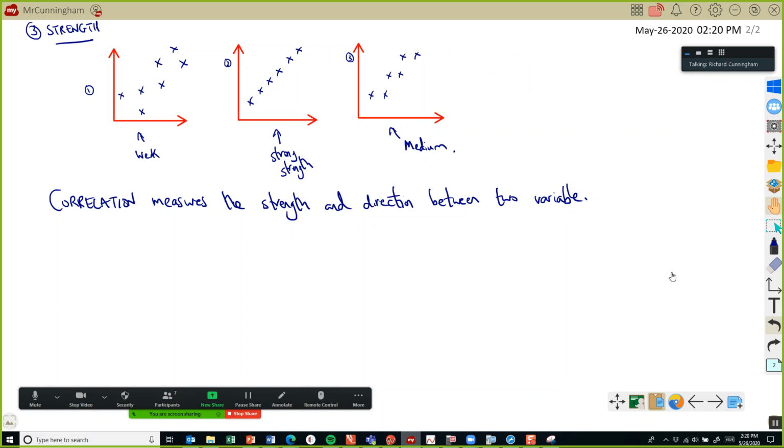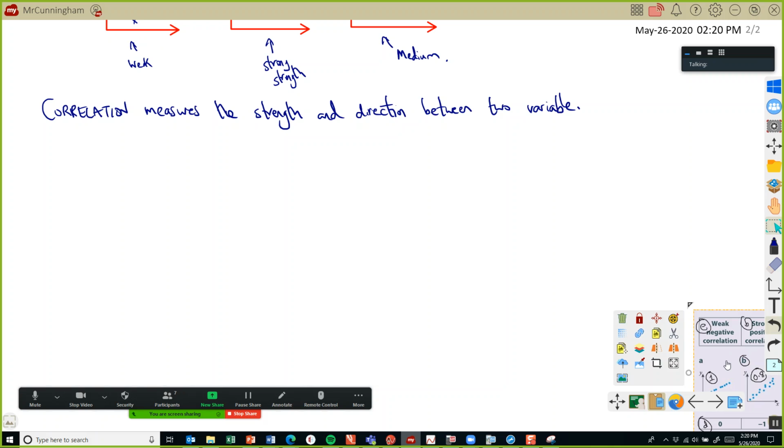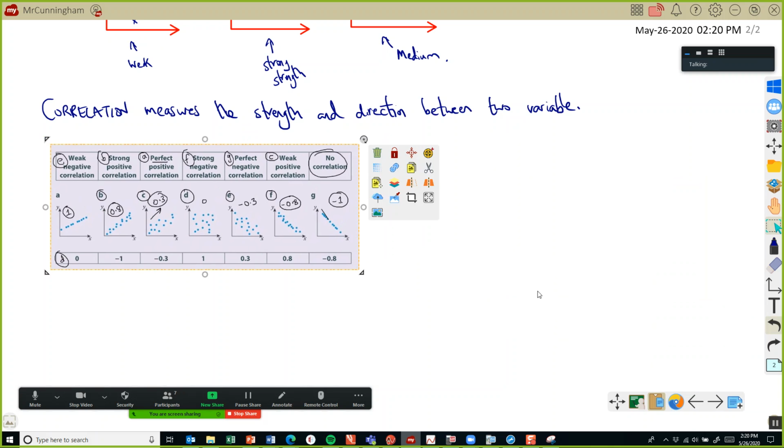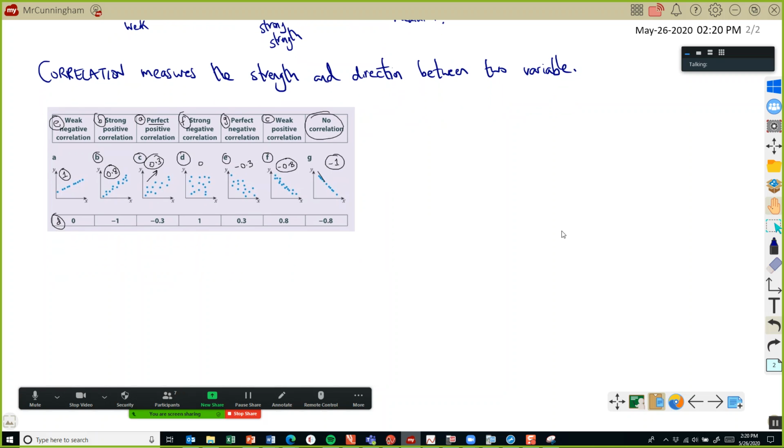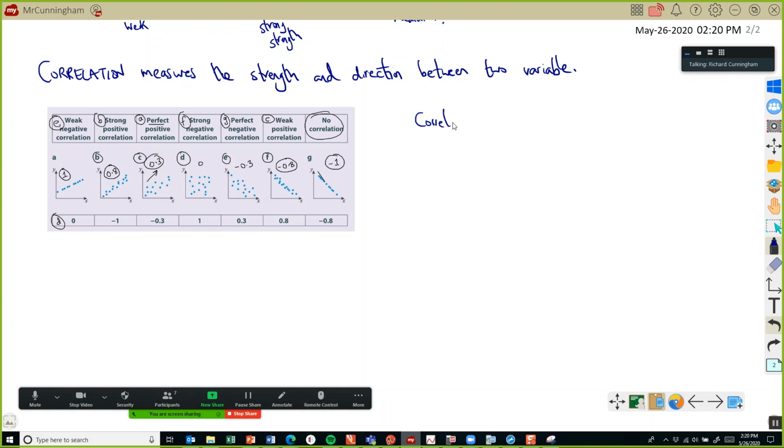Okay, so we're going to write down: correlations take values from -1 to +1.